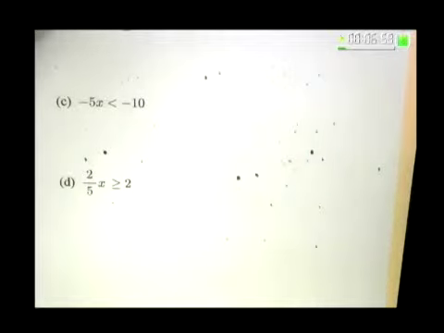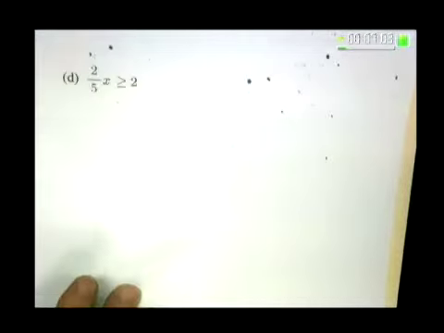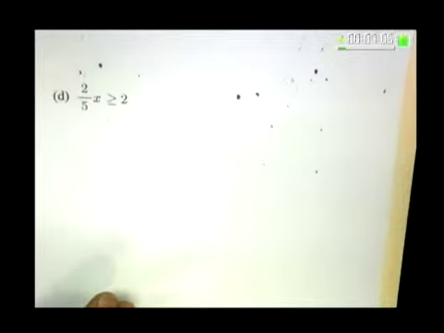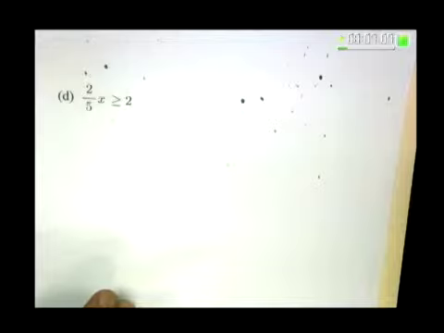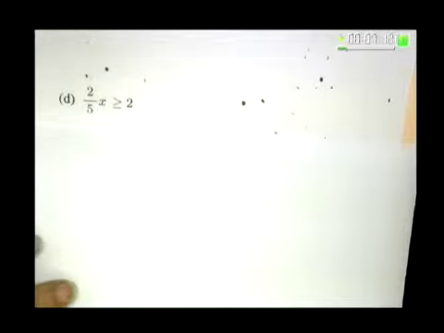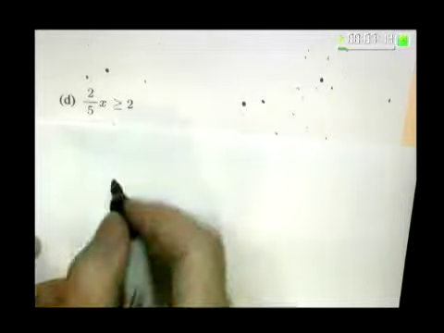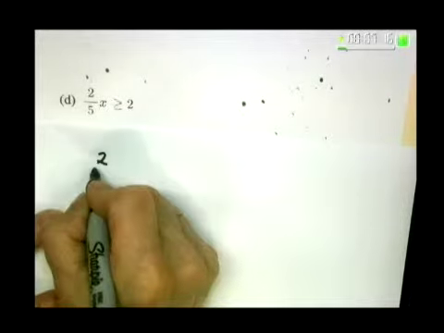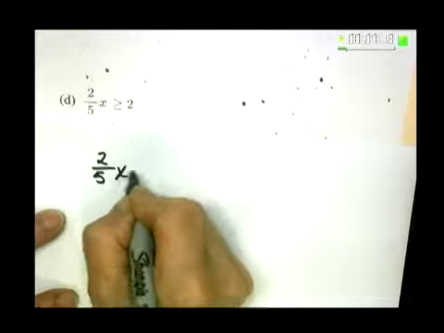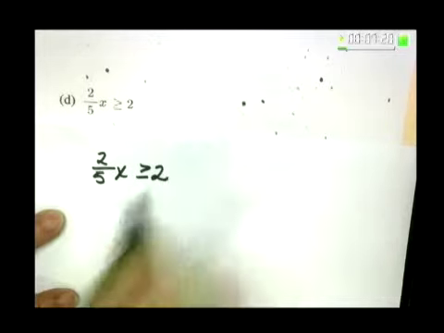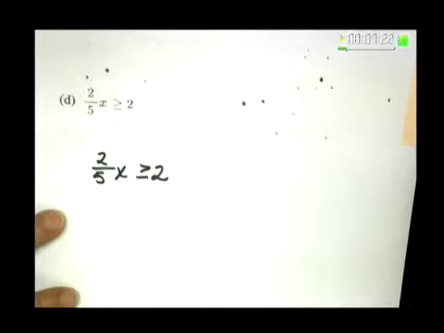Okay, let's go to the last one on the inequalities, number D. This is 14D. 2/5 x is greater than or equal to 2, right? When I work this problem, there are two ways.